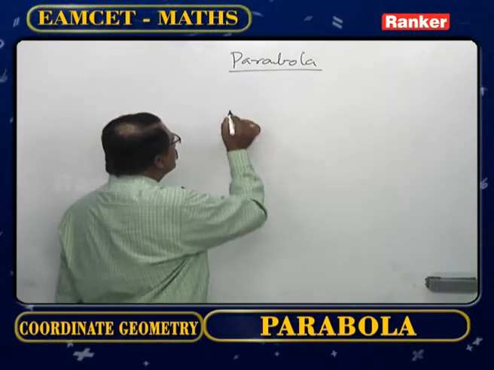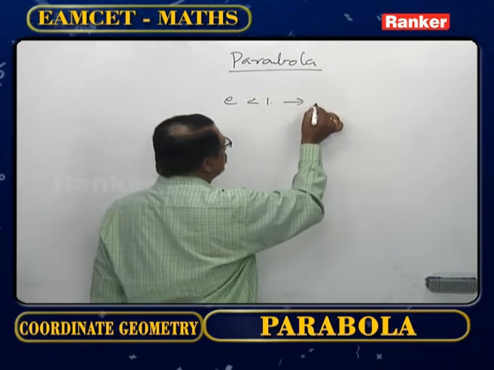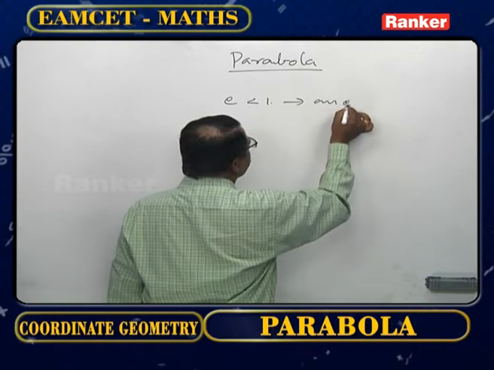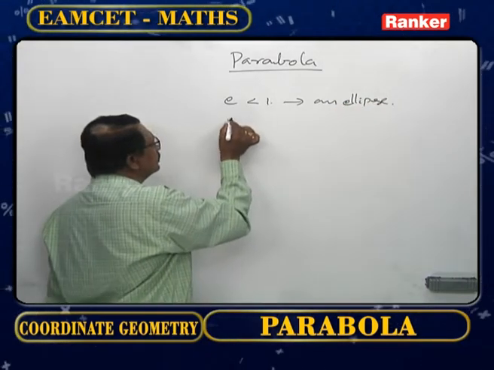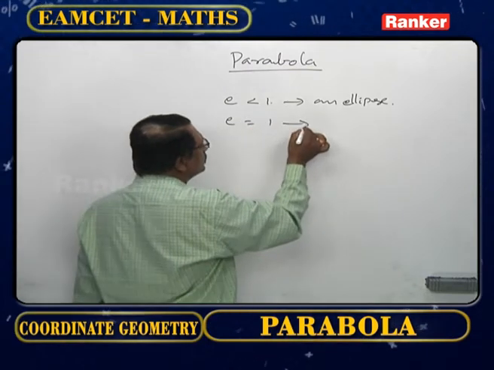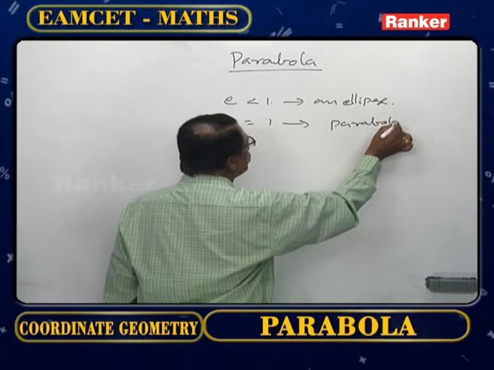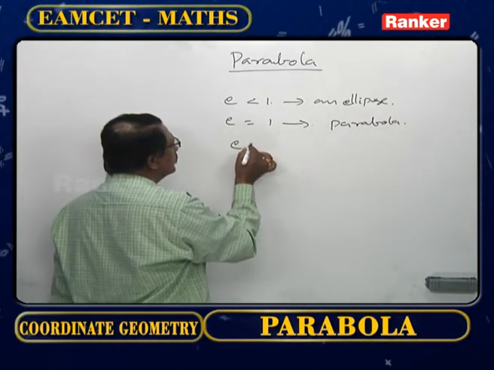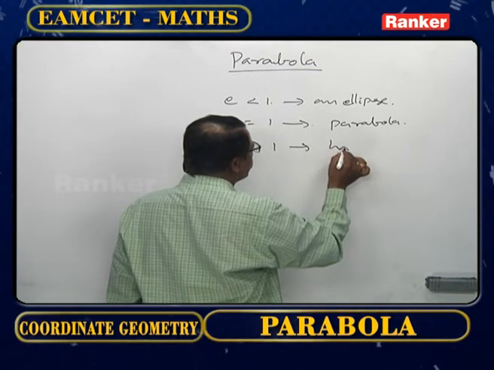If eccentricity is less than 1, the conic is called an ellipse. If E equals 1, the conic is called a parabola. If E is greater than 1, the conic is called a hyperbola.